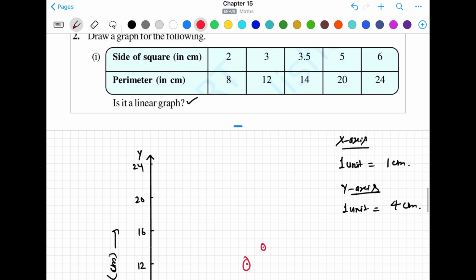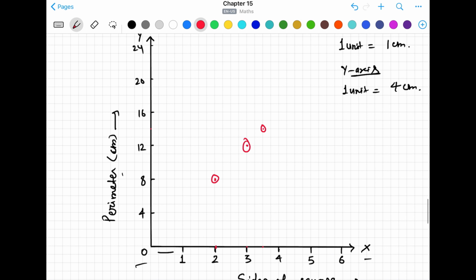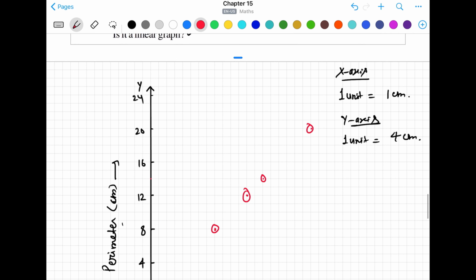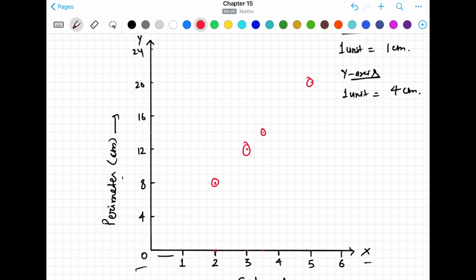Then for a side of 5 centimeters, the perimeter is 20, that will be here. And for 6 it is 24, here.